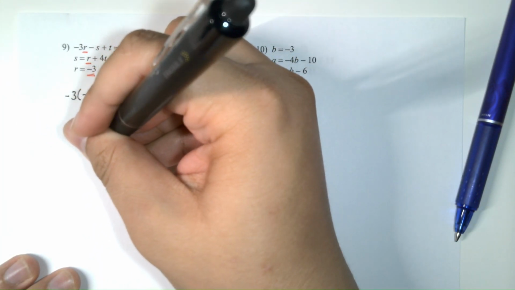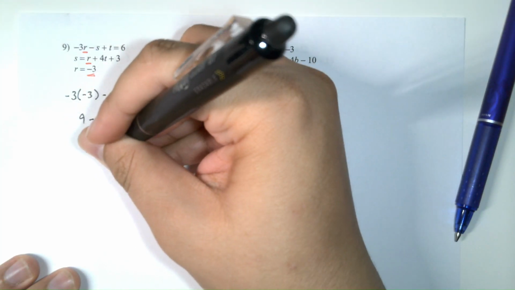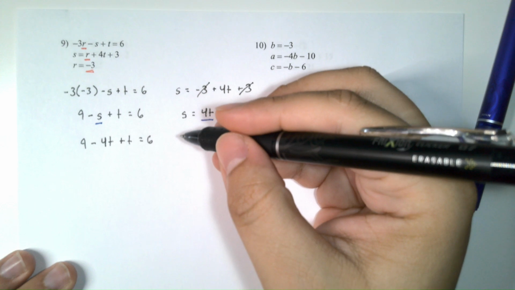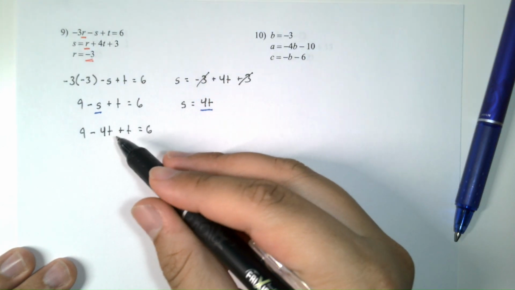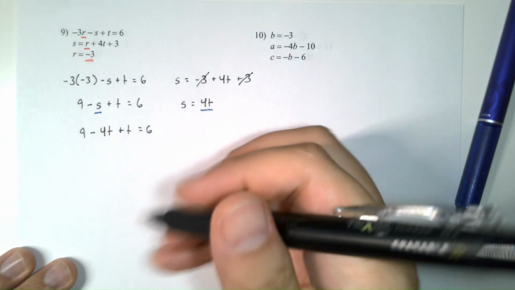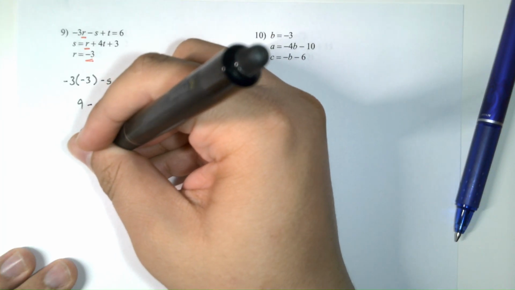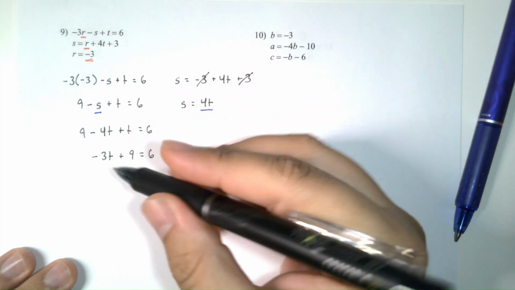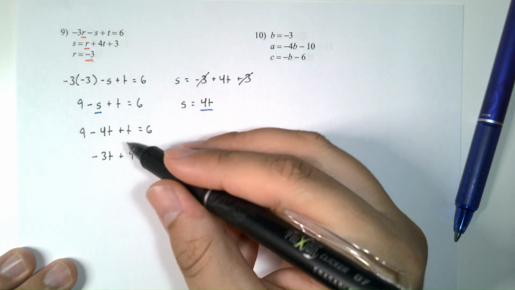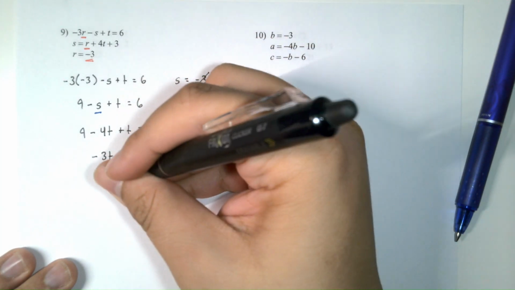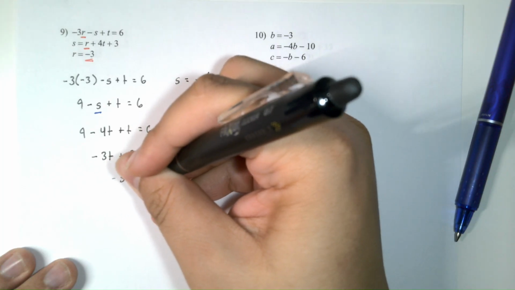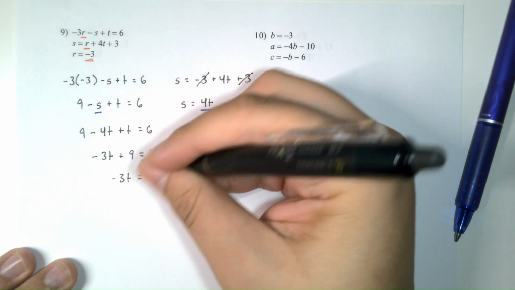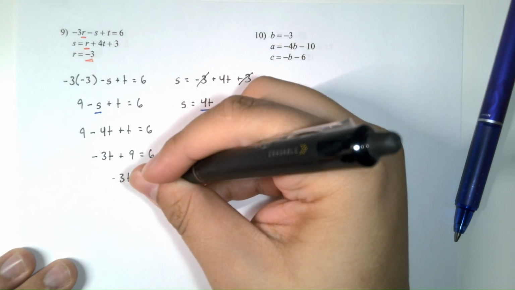That's going to give us 9 minus 4t plus t is equal to 6. If we combine like terms, -4t plus t is going to be -3t. We still have this plus 9 is equal to 6. And if I subtract 9 from both sides, I'm going to get -3t is equal to 6 minus 9, since we're moving this over to the other side, and that's going to give us -3.